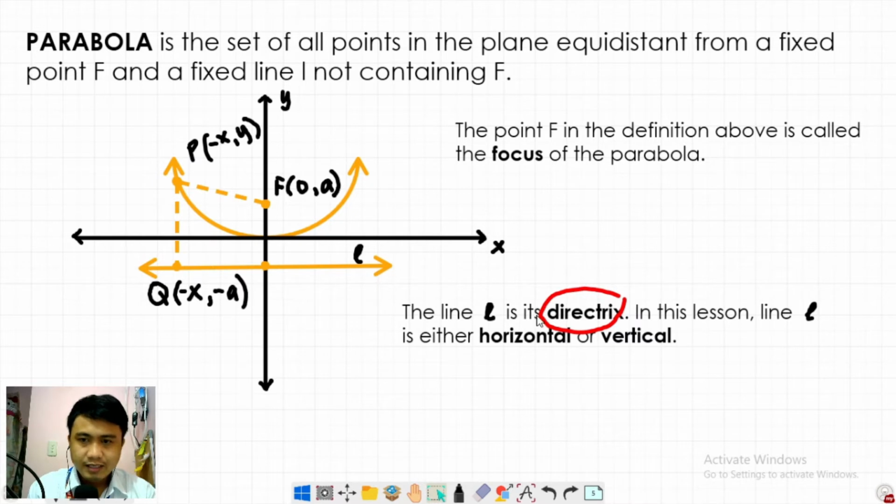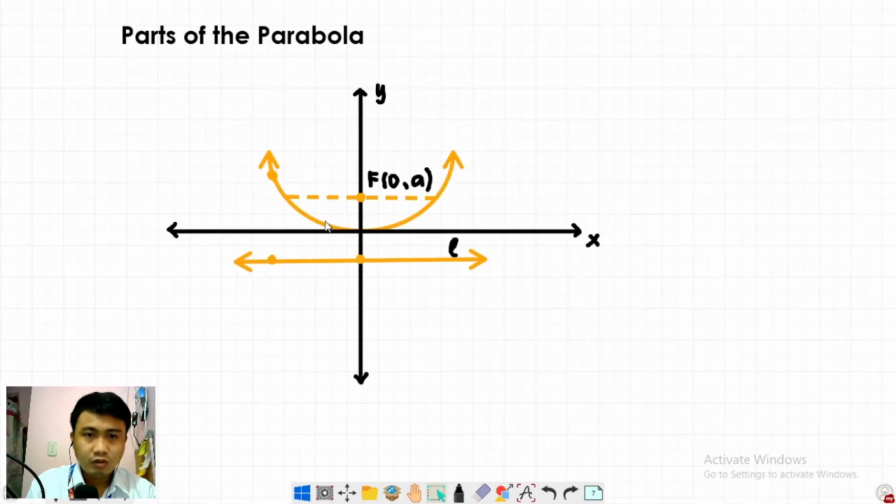Okay? And this line is either horizontal or vertical. So, we can have a horizontal line. Example ng ating parabola dito, meron tayong horizontal na directrix. And we can also have a vertical directrix.